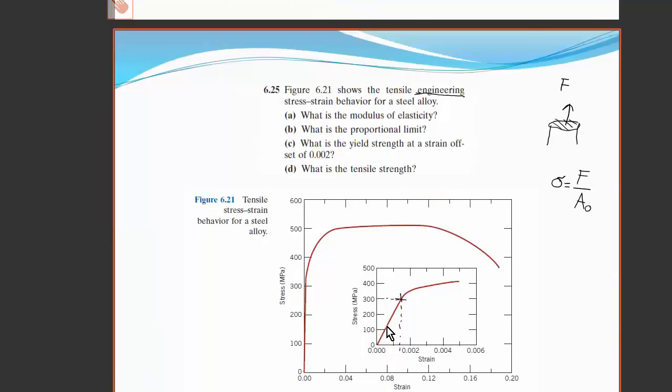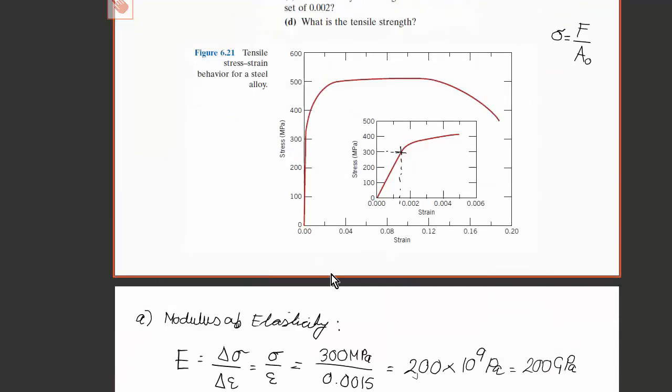Now the next part, it says, what is the yield strength at a strain offset of 0.002, the 0.2% offset yield strength? So let's draw a straight line that goes through 0.002 and is parallel to the linear part of the stress strain graph.